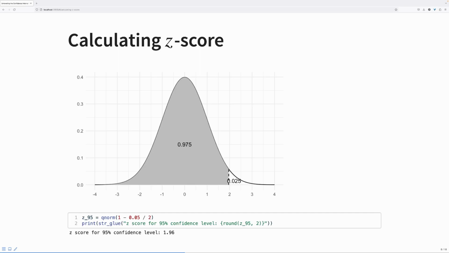So for the upper bound, representing the top 2.5%, we use qnorm(0.975), which gives us 1.96. Sometimes we use 2 for convenience. With these two z-scores, we effectively capture the middle 95% of the area under the curve, giving us bounds for our 95% confidence interval.